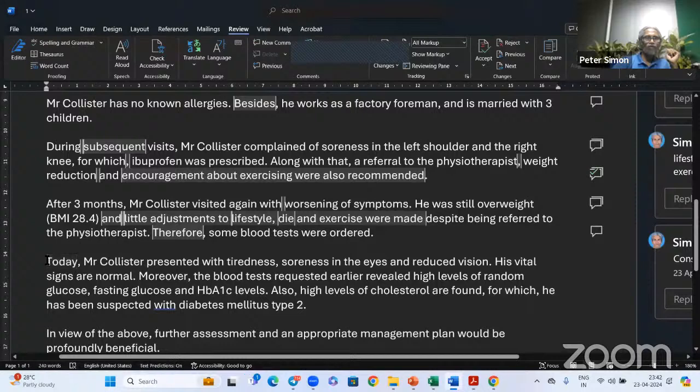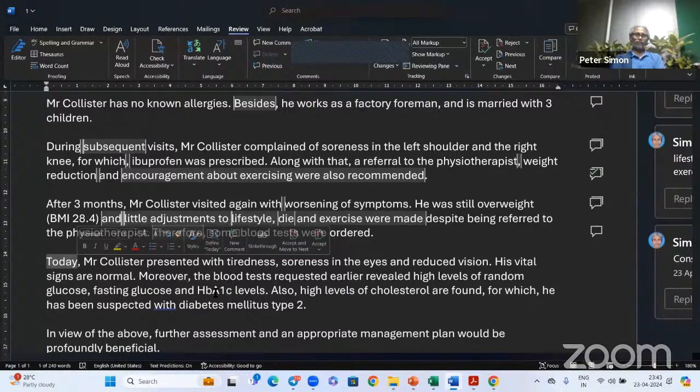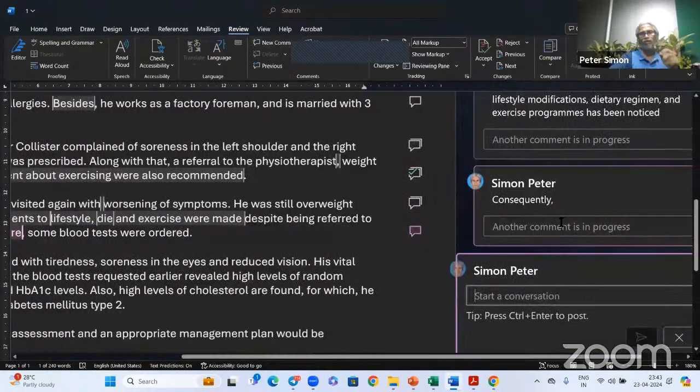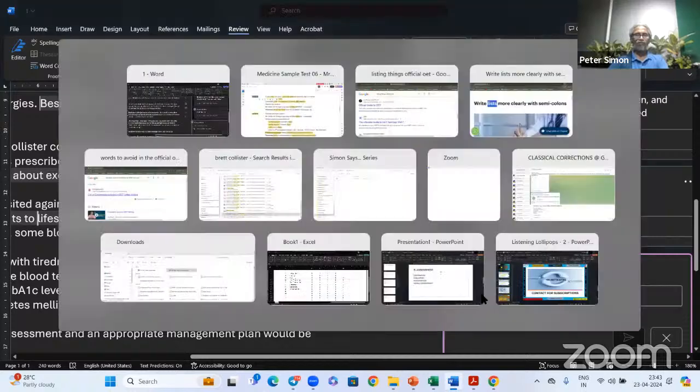Okay, he presented on 4th. Now again presented with the same content. That is worsening of symptoms. This you have written first, following with worsening of symptoms. Then you write the background. Okay. Today is not today. He did not present today only. It's not the first time.